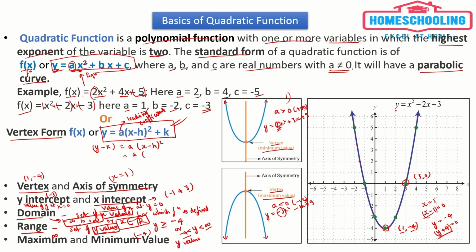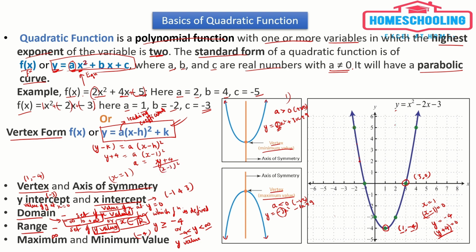So x was equal to 1, so x minus 1 is equal to 0, and y is y plus 4. Now from this we can say that a is equal to (y plus 4) divided by (x minus 1) whole square.